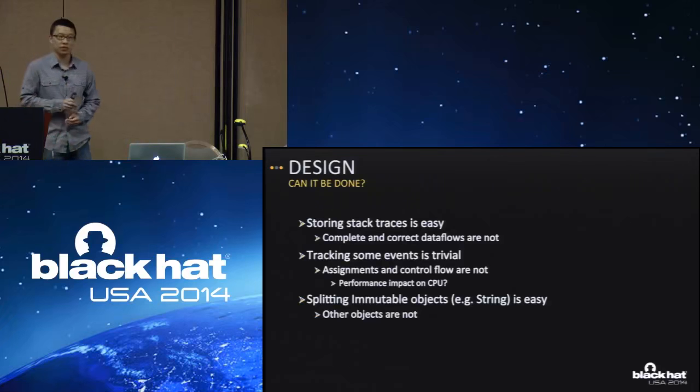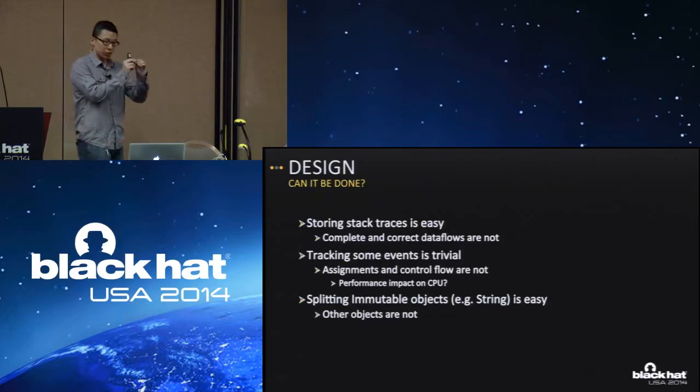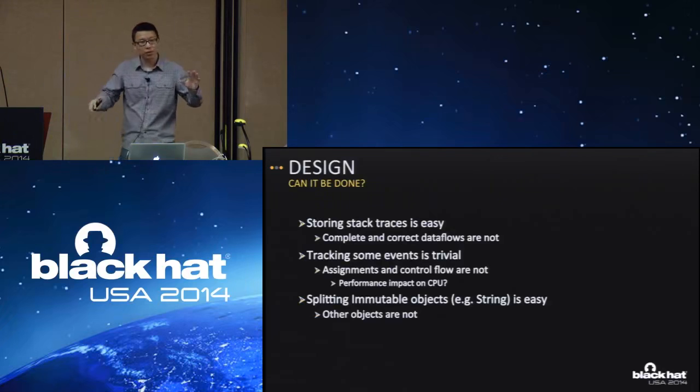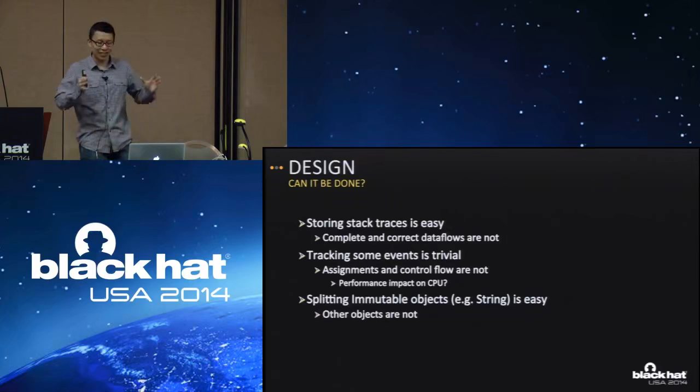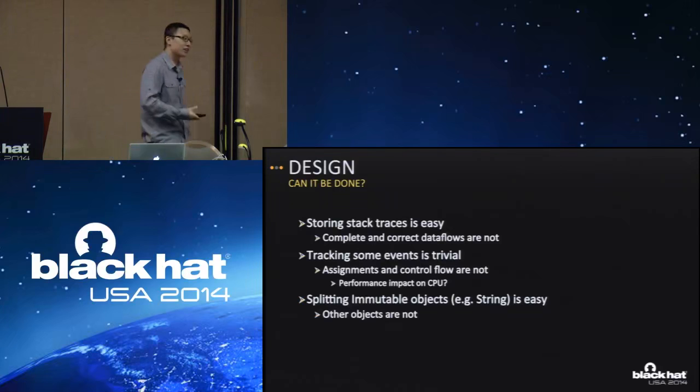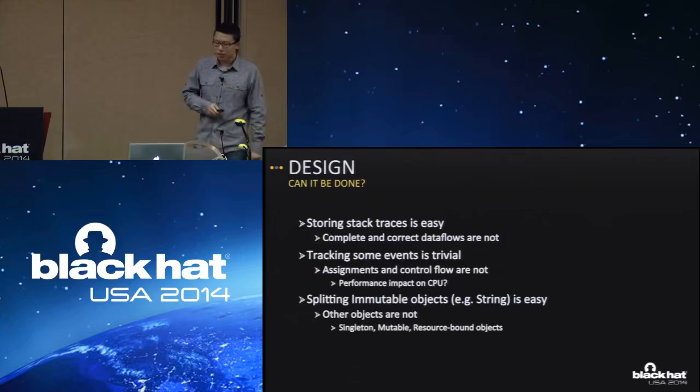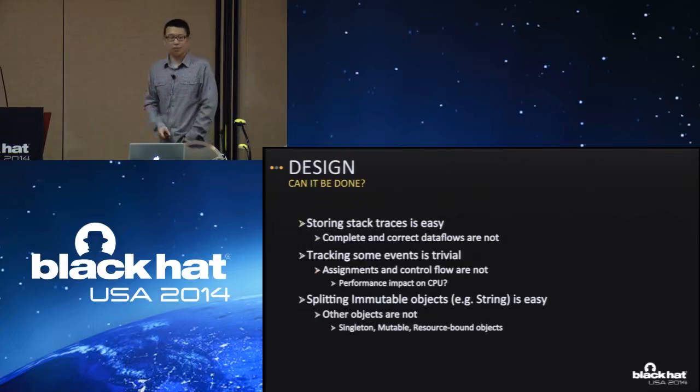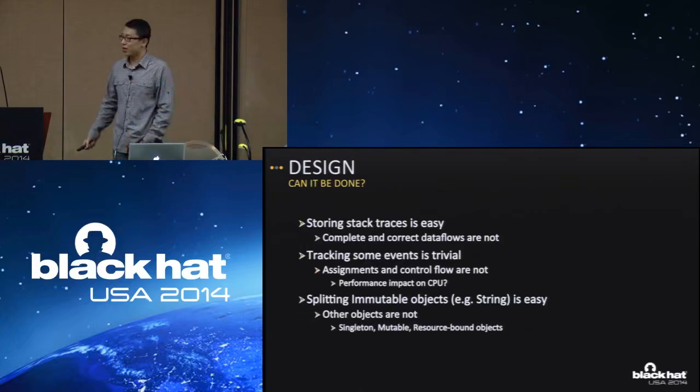Because whenever you create a copy of those objects, they will go to different parts of the program, and in order for the program to still function correctly, you want to maintain the same data in all those objects. And things grow exponentially really fast. How do you do that? There are also other objects that you cannot really split, for example singleton objects or resource-bound objects.